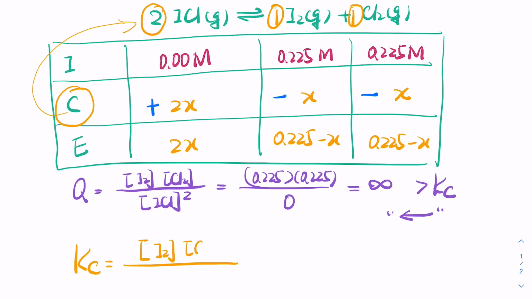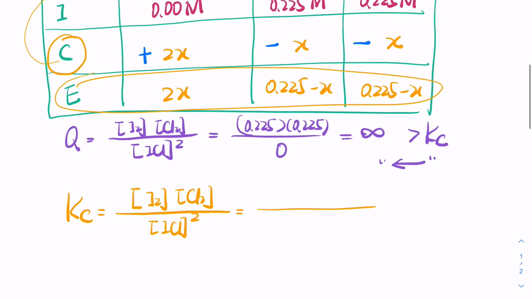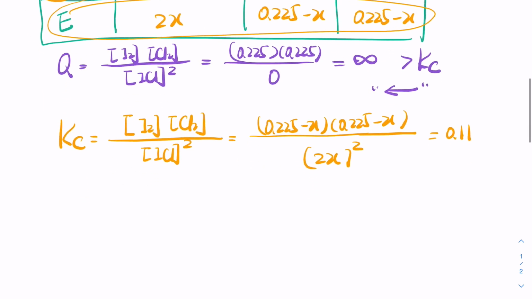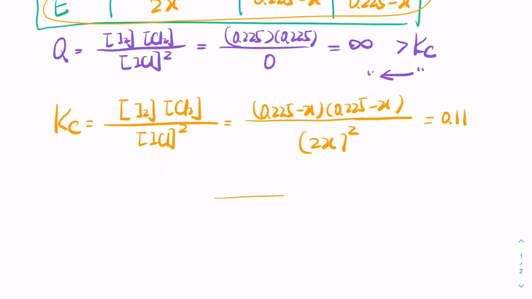Now we put everything at equilibrium into this expression: 0.225 minus x times 0.225 minus x divided by 2x, and don't forget the square, equals 0.11.